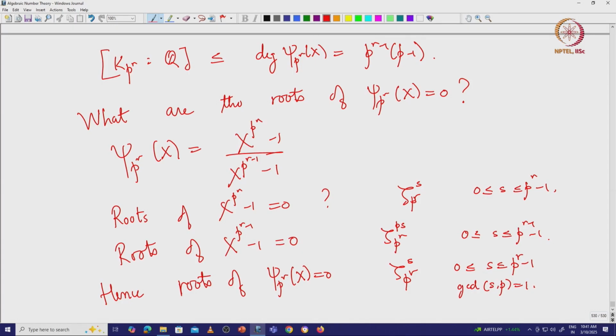Okay. So, this is the same as saying that p does not divide s. Okay. So, these are all the roots of psi p to the r (x) equal to 0. So, coincidentally that is what you would use to show that K p to the r is the splitting field of psi p to the r. Okay.